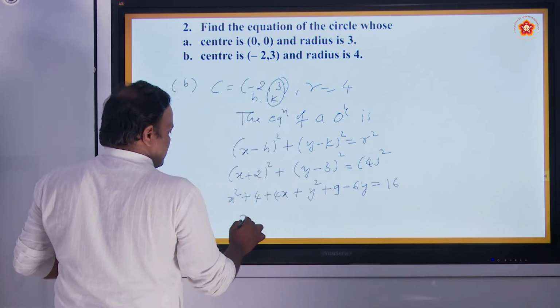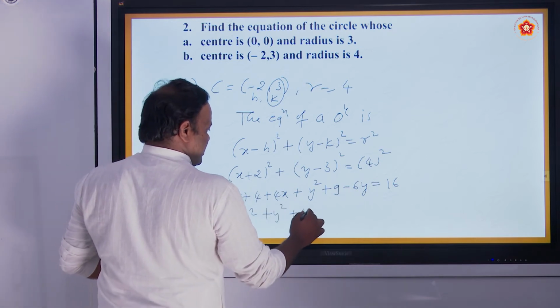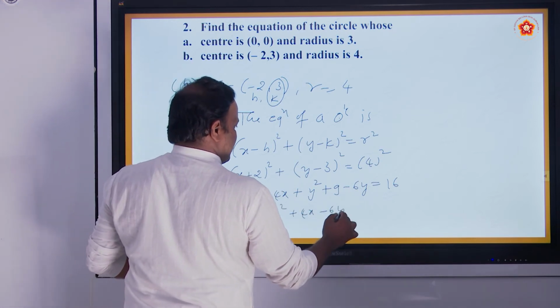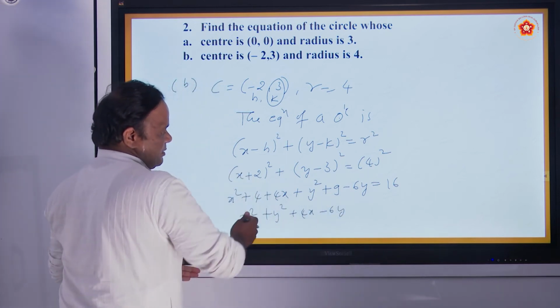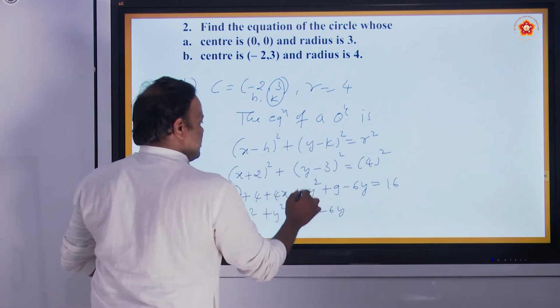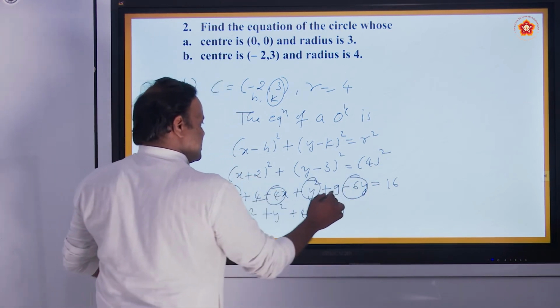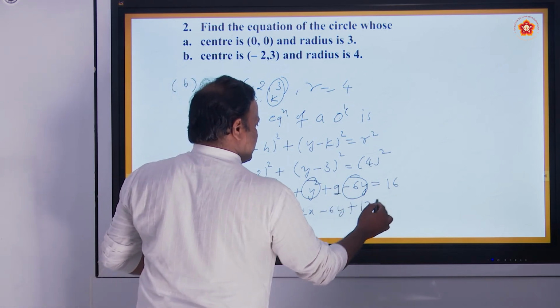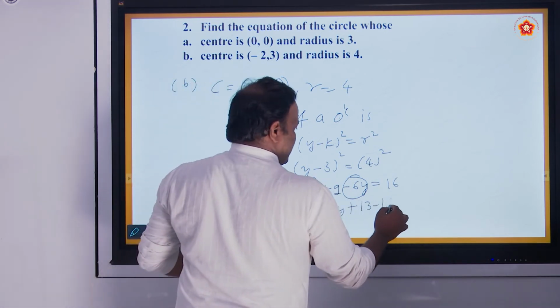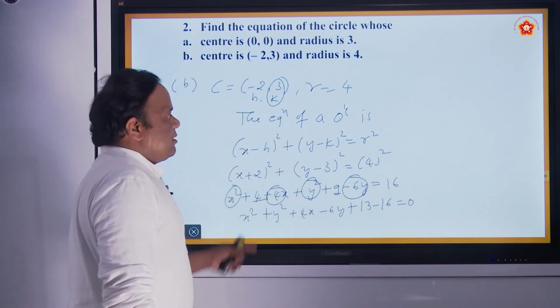Simplification: x square plus y square, write x first, 4x, then minus 6y. Arrange the terms like x square, y square, xy, then constant. So x square plus y square plus 4x minus 6y, 4 plus 9 is 13, take 16 this side, minus 16 equal to 0.